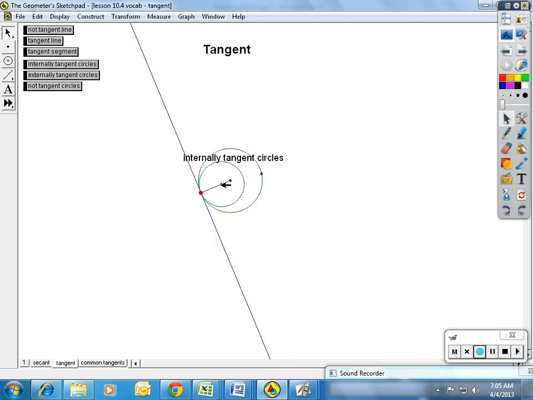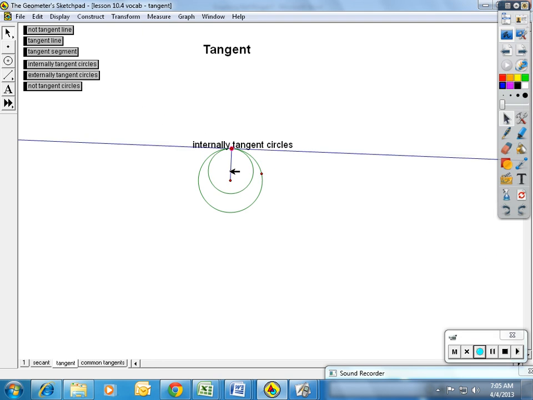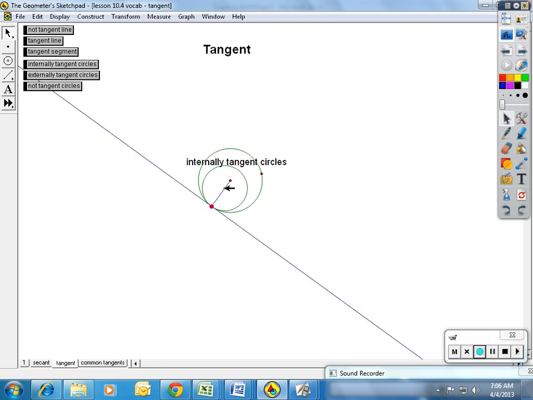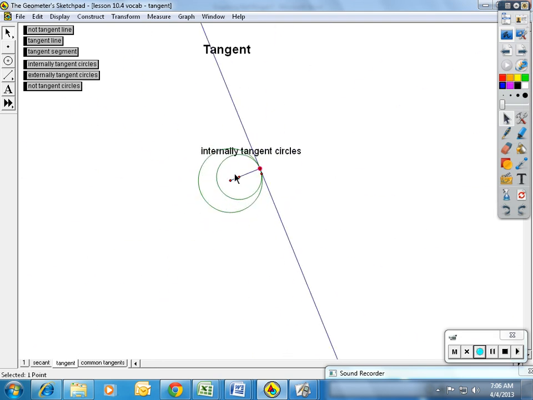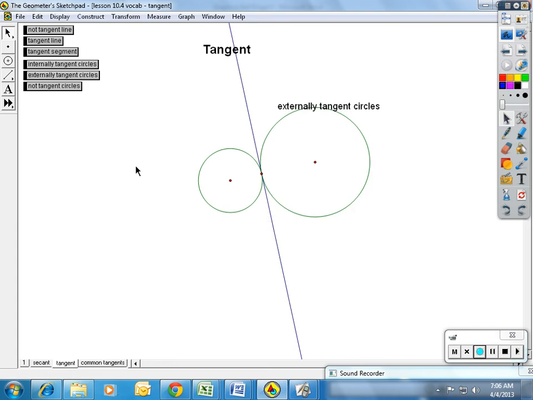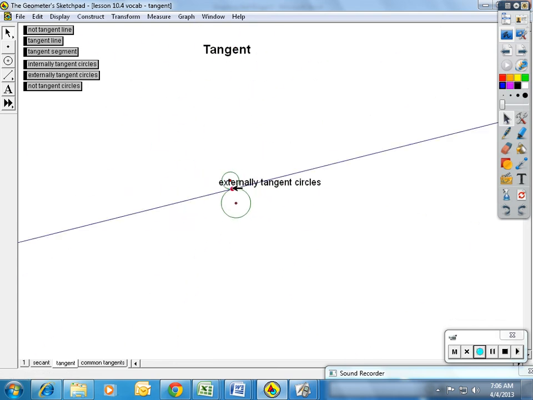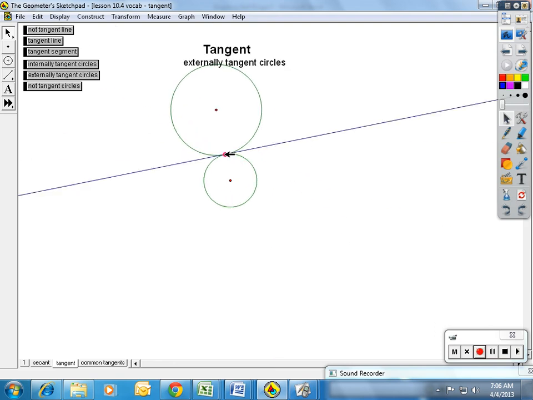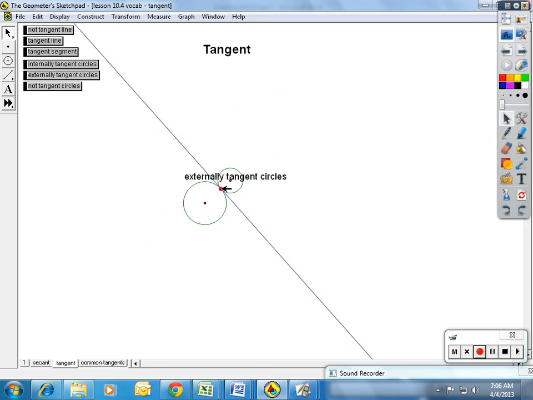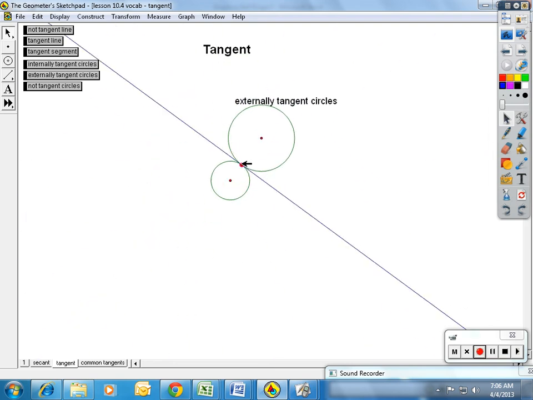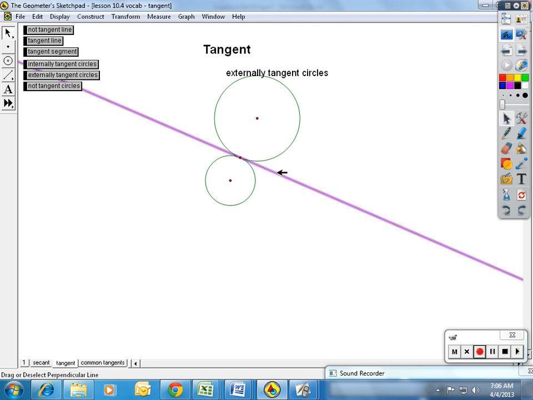We would call these two circles tangent, and more specifically, we would call them internally tangent. That would be different than externally tangent. Here's externally tangent. Two circles that have one point in common externally, because they are outside of one another. This is a tangent line to both of those.